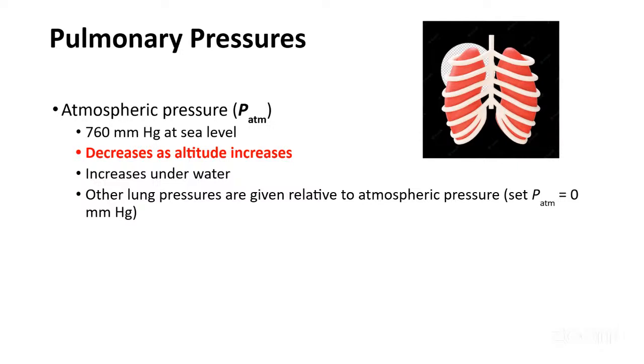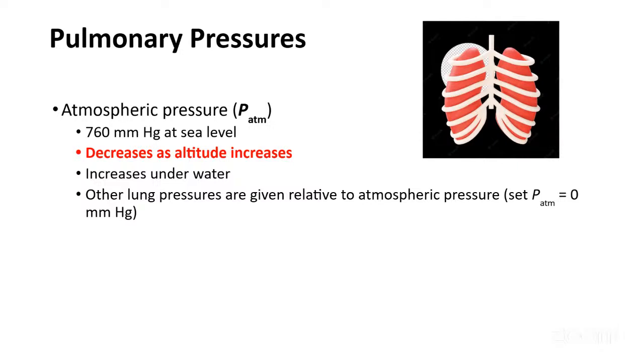This means that we can kind of wave our hands about atmospheric pressure a little bit. What we really care about is how our lung pressures compare to the atmospheric pressure surrounding us. So whenever we see pressures from this point forward, we're really going to be giving relative pressures. What I mean by that is we're going to be subtracting away atmospheric pressure from any large number we get.